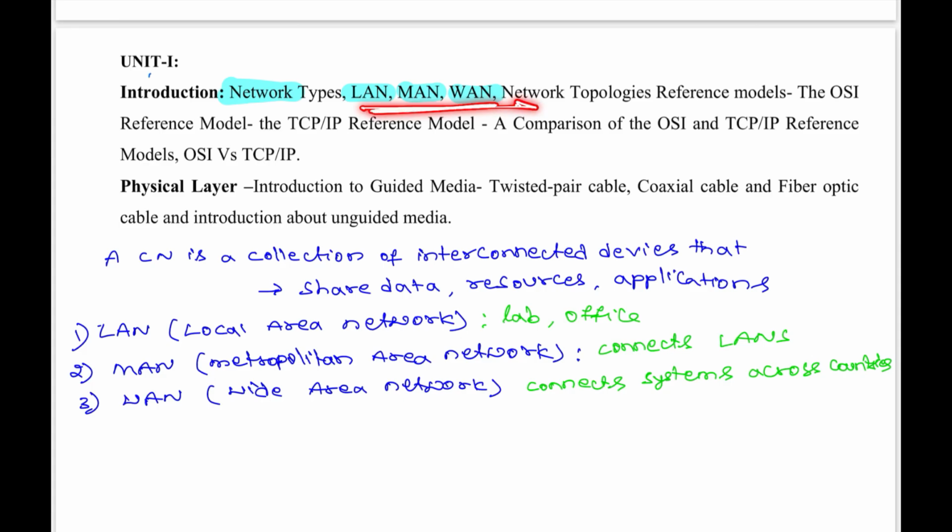So these are the three types of networks we're going to study. After studying the types of networks, we will try to understand the network topologies.